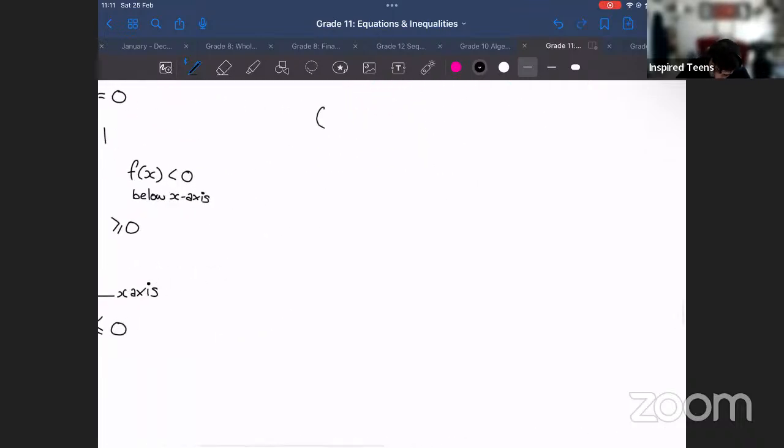I erased it, but we have this, which is including, and this, which is excluding. Remember, with including and excluding, we have the bracket notation as well. Including, we use a square bracket. Excluding, we use a circular bracket.